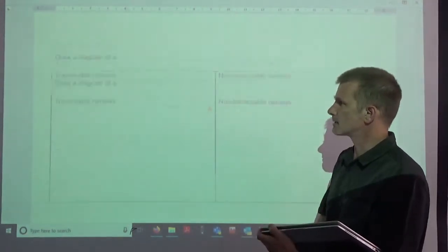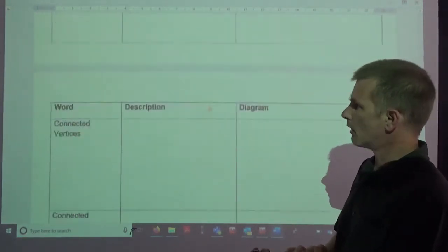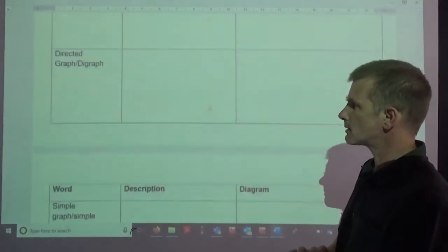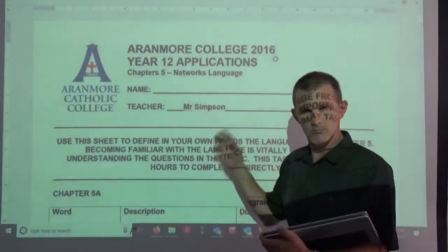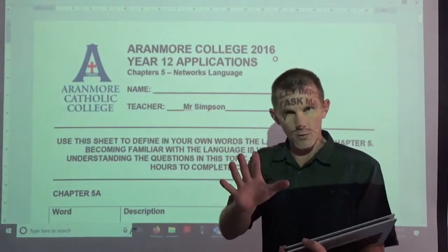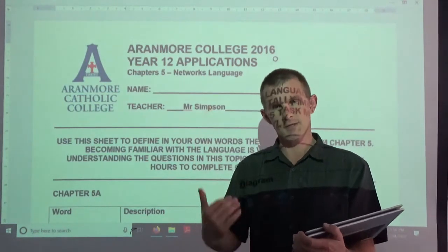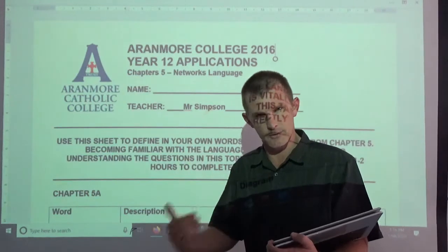Please, please, please spend the time going through this, adding in a description and a diagram, your words, your description, make sure it's correct, of what's going on here. Now, use your textbook, Sadler or others. The other one you can use is your syllabus. Go to the very end of the syllabus from SCSA's website and you'll find there's a glossary there.